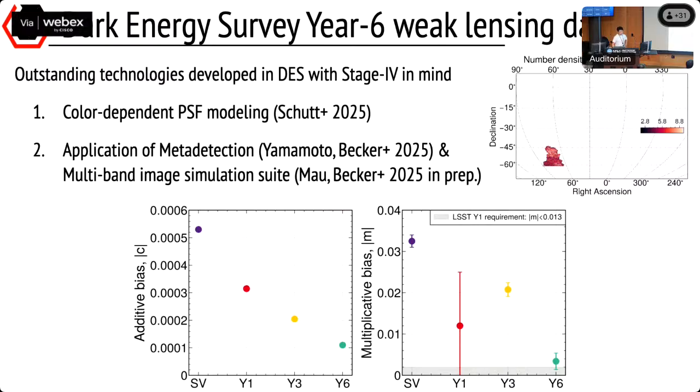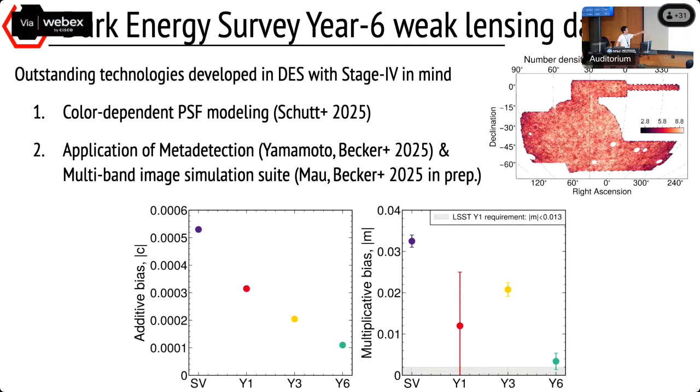And this plot summarizes our ability in DES to reduce shear biases over 10 years since the science verification stage, so going from SV, year 1, year 3, and now year 6, and demonstrates that we are achieving the level of bias required for LSST year 1, for example. And I will now go into the details of the method.